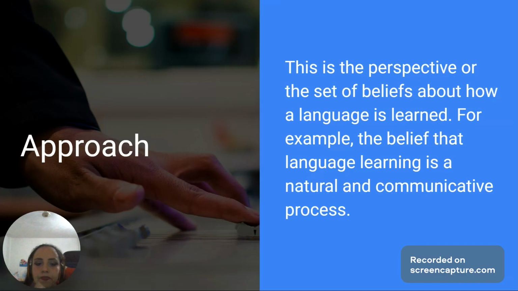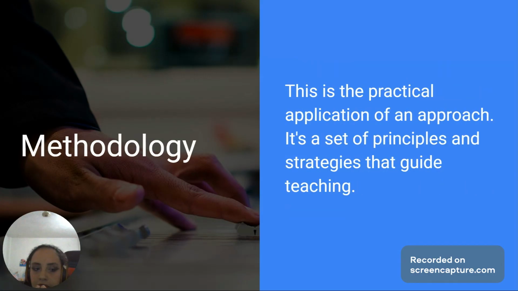Okay, so the first term, approach, refers to the set of beliefs about how a language is learned. For example, the belief that language learning is a natural and communicative process. The methodology, on the other hand, is the practical application of an approach.